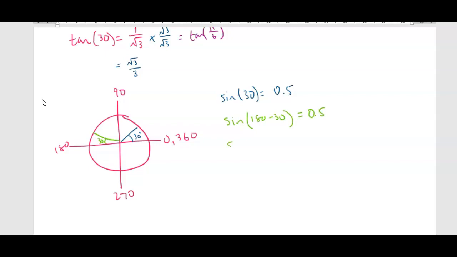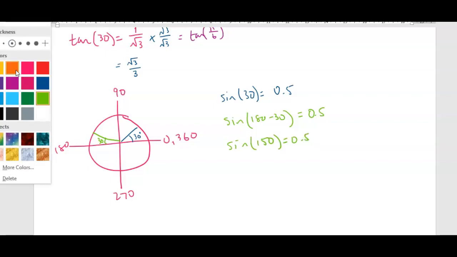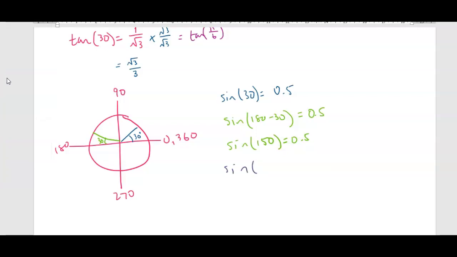Now we just need to tidy that up. So sine 150 is 0.5. And I might not put in there the radian equivalent. You can do that from the graph. I'm just wary of time. So 30 degrees, so 180 plus 30. Now that's 0.5, but in the third quadrant, sine is negative, so it's going to be negative 0.5.